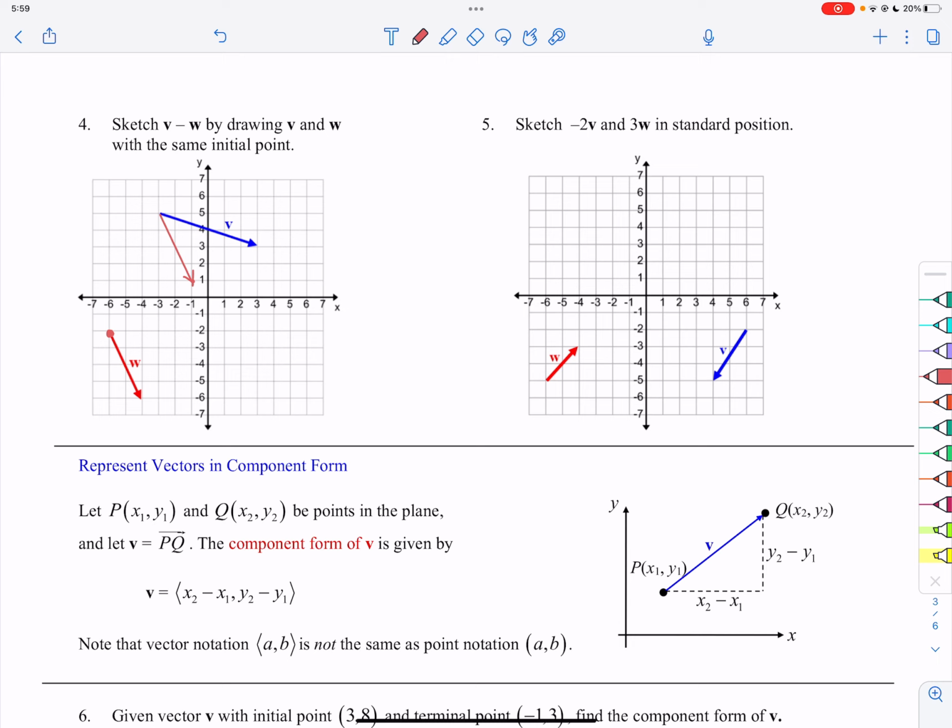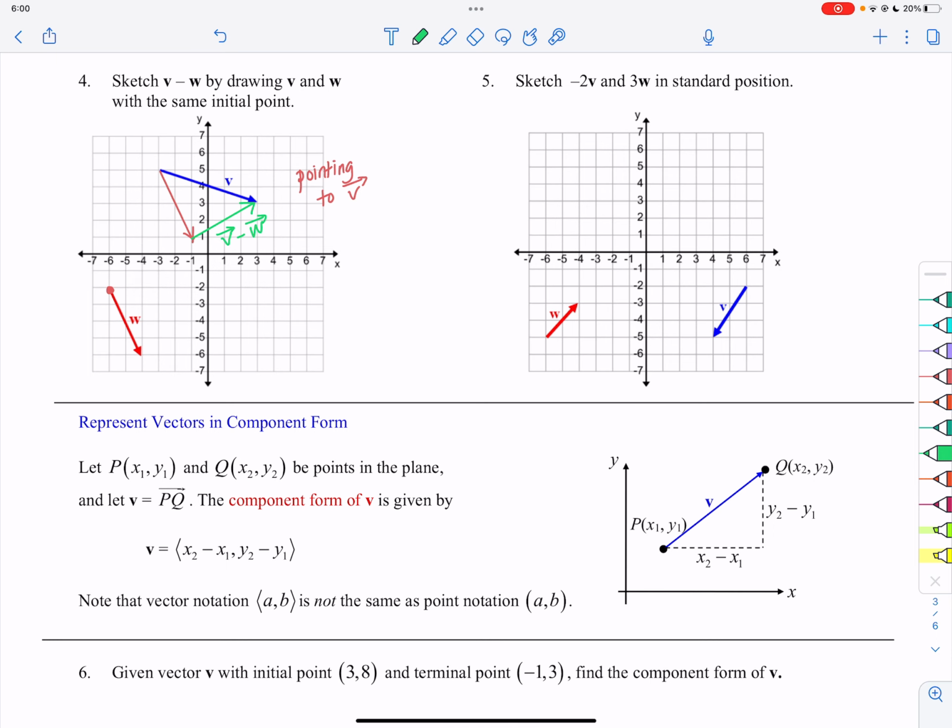So we're actually going to be pointing to v this time instead of w, pointing to v since we have that v minus w. So we will just draw it like that. Okay, so that actually points to v.